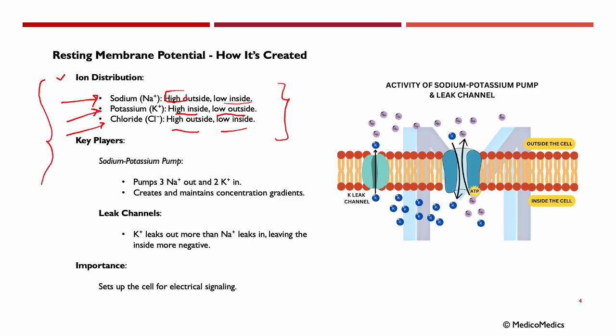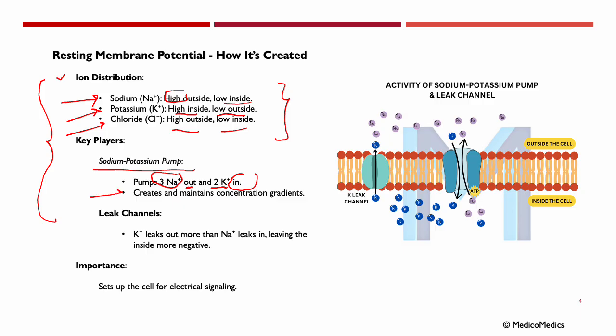Now, what is it that's maintaining this state, right? This membrane potential is maintained primarily by the sodium-potassium pump, which actively transports 3 sodiums out of the cell and transports 2 potassium into the cell.